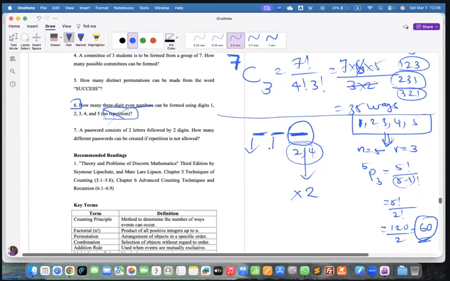How many possible ways can we fill the first digit? 4. 5 or 4? 4, sir.